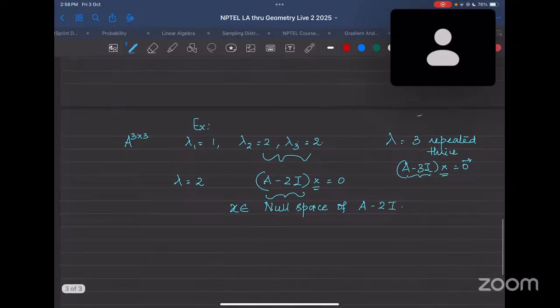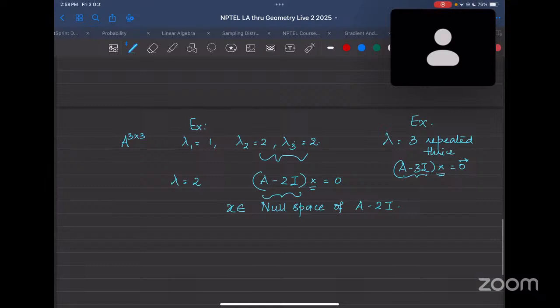This is the second example. Now, the null space in this case cannot be a 3-dimensional space, because if you want a 3-dimensional null space, A minus 3I itself should become a completely 0 matrix.